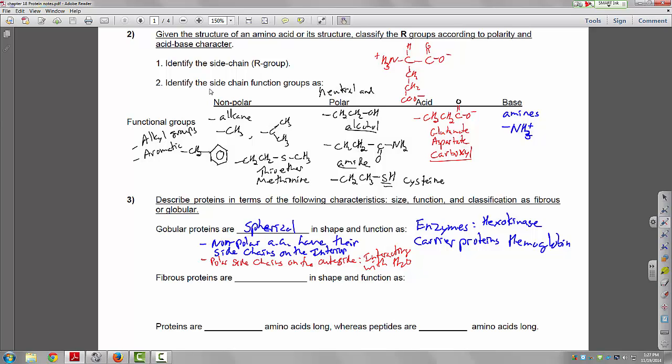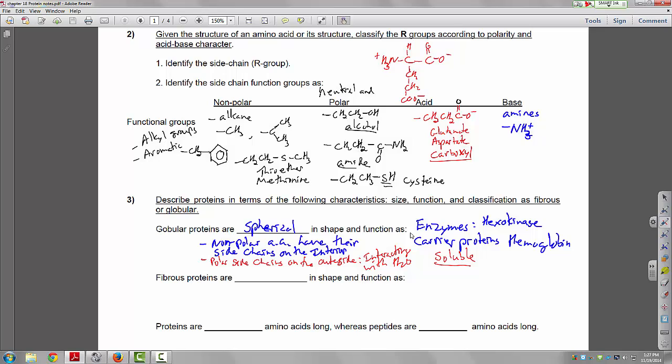So you'll see these nonpolar ones on the interior of a protein, the polar acidic basic ones on the exterior. And they're also soluble. These guys are soluble. Important to remember.